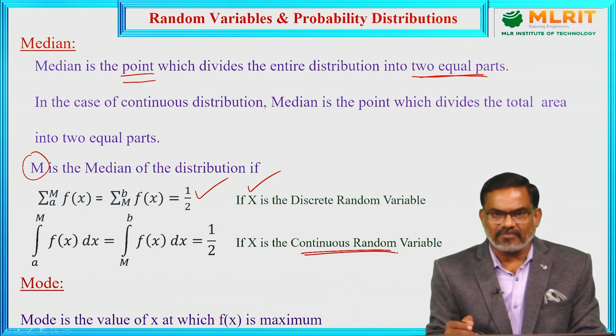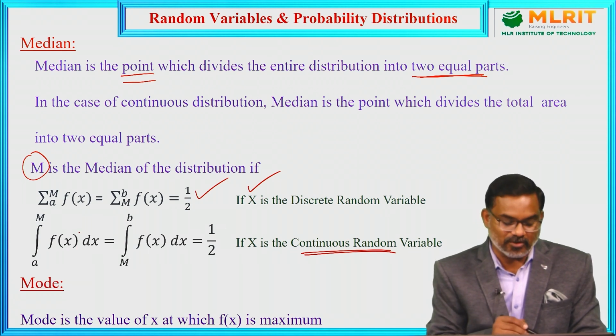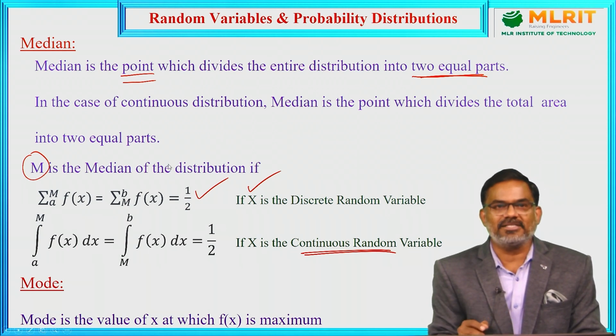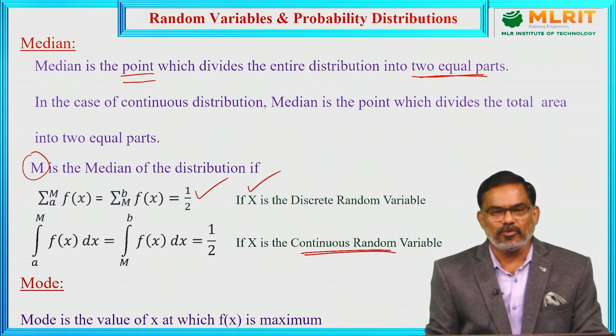In the case of a continuous distribution, the probability can be calculated by finding the area. So here it divides the total area into exactly two equal parts, and each value will be equal to half. So median divides the distribution into two equal parts.